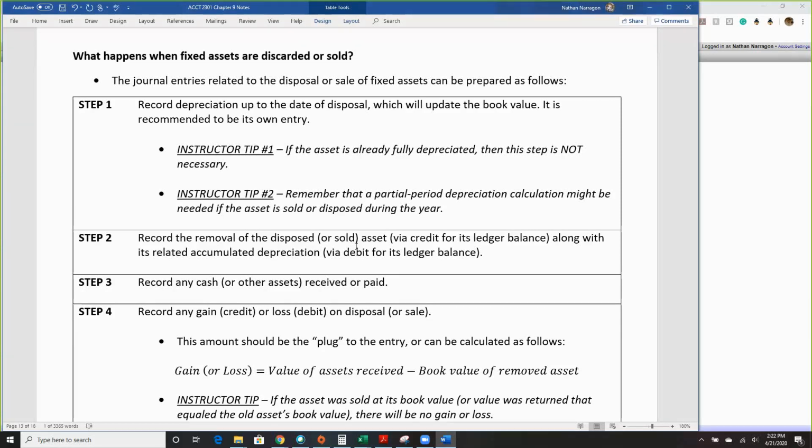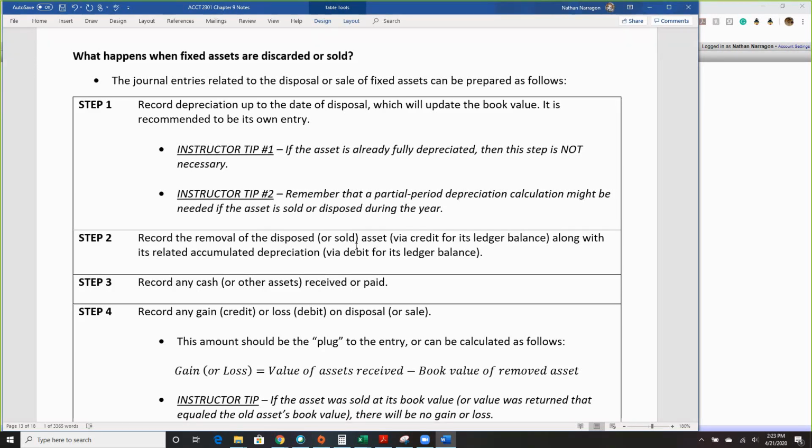Step 2, we're going to record the removal of the asset. Basically, this is going to be a credit to the fixed asset account and a debit to accumulated depreciation for the amount for the fixed asset. Step 3 is going to be recording any cash that we happen to receive, or if we actually have to pay to get rid of it.